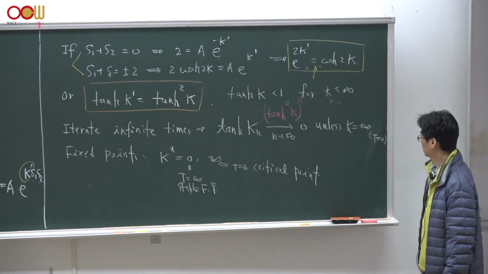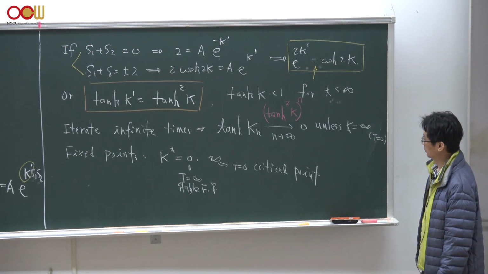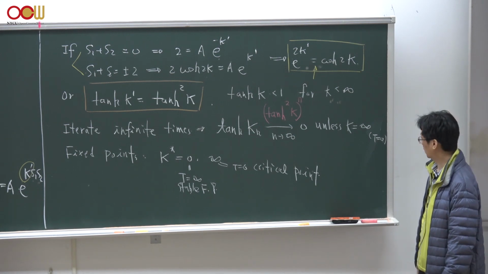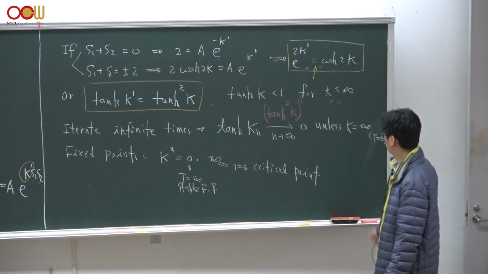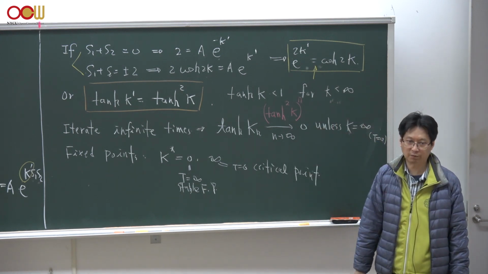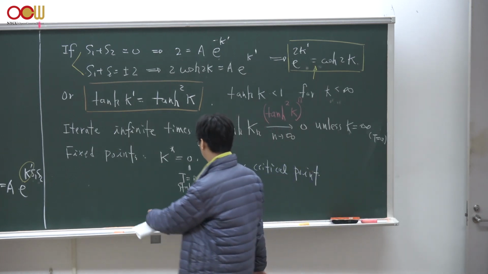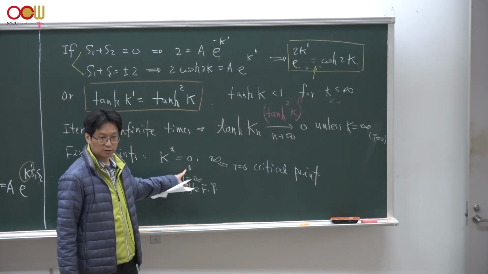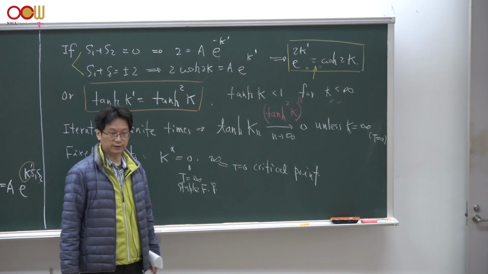Of course, this approaches 0 when the number of iterations becomes infinity, unless K goes to infinity. And that is precisely where the fixed point value is. So the fixed point values are either K star being 0 or infinity.